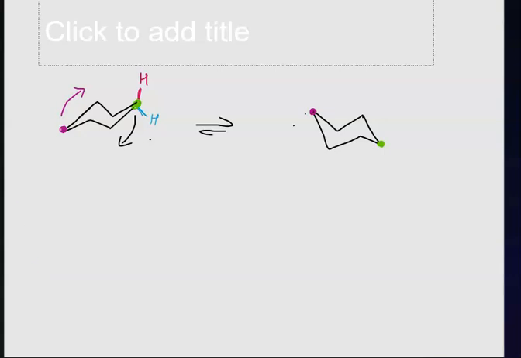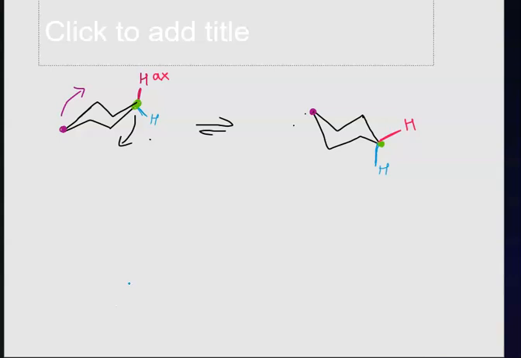When I draw the hydrogens, the hydrogen that was pointing up, this axial hydrogen, will now become equatorial, and the blue hydrogen, which was equatorial, will now become axial.